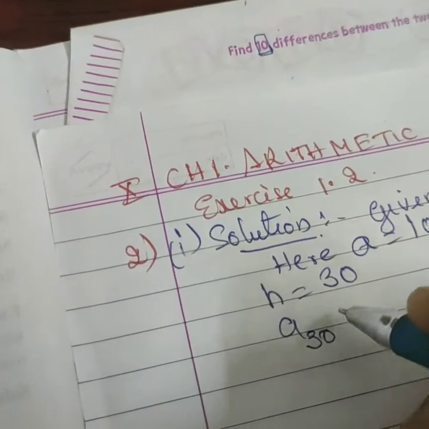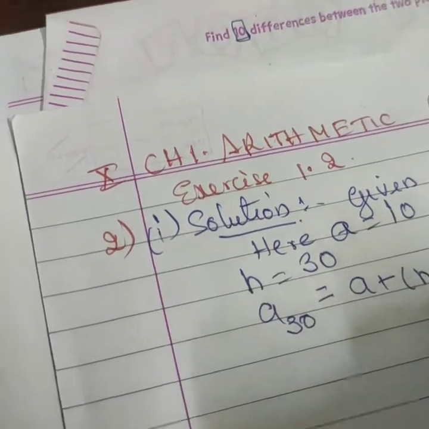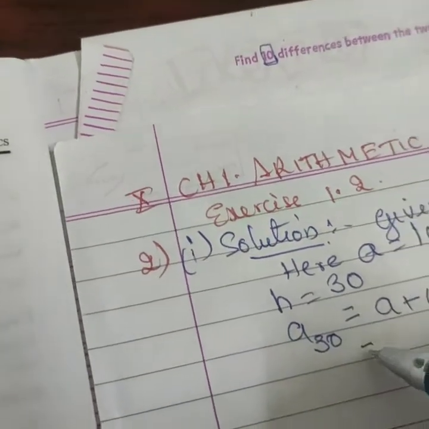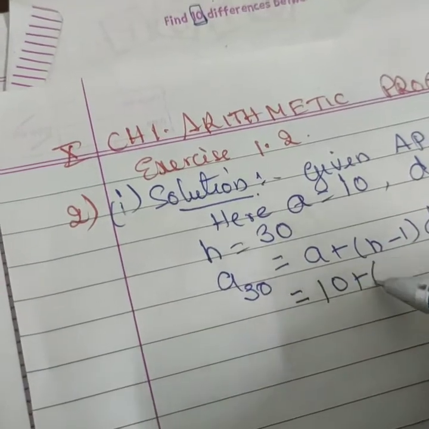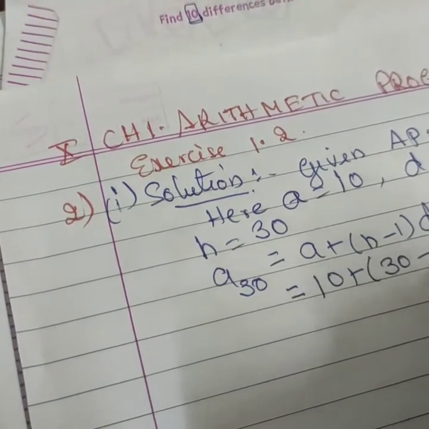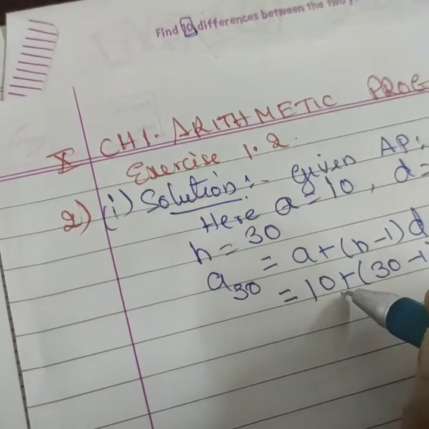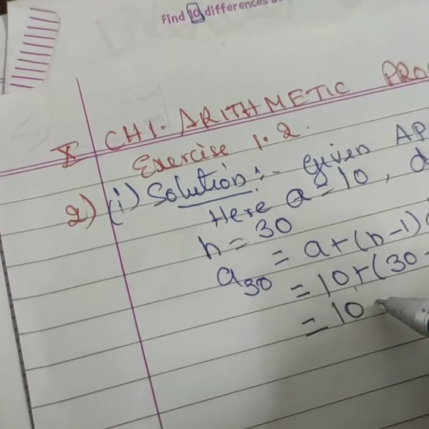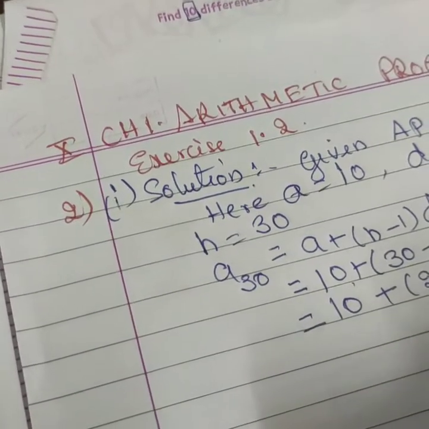We need to find the 30th term, that is equal to a plus n minus 1 into d. Here a is 10, n is 30 minus 1 and d is minus 3. So a30 is equal to 10 plus 29 into minus 3.